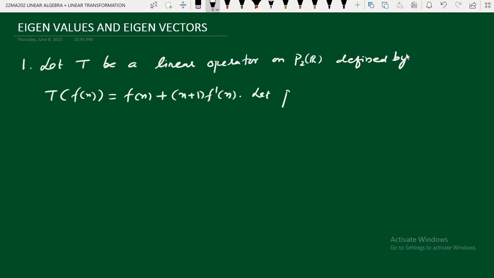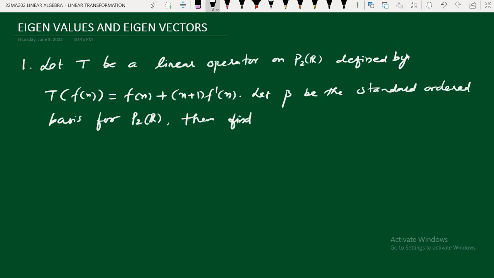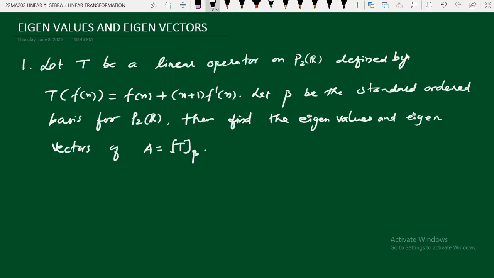Let beta be the standard ordered basis for P2 of R. Then find the eigenvalues and eigenvectors of the matrix A equal to the matrix T over beta. So this is a question.